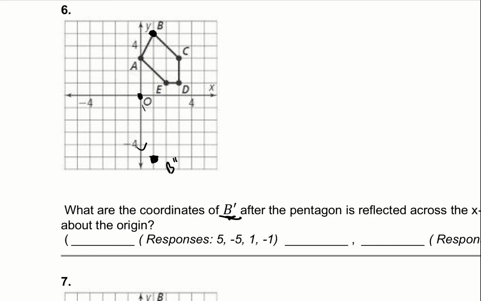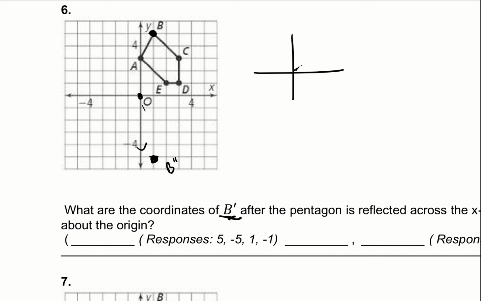And there's a rule for rotating about the origin, and I'll go ahead and list the rule. So if you have a coordinate, say x, y, and you want to rotate this coordinate, let's draw it over here.